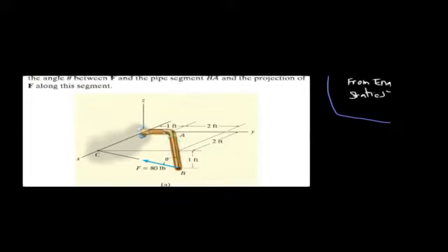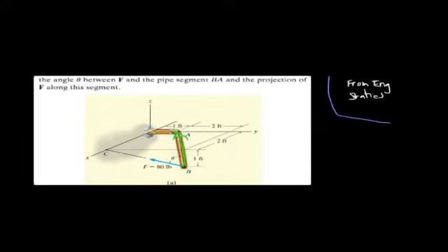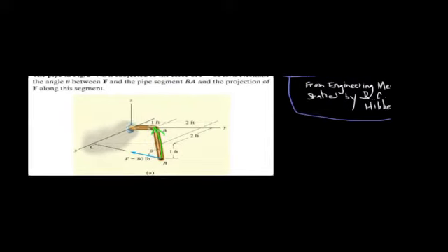That's segment BA. Now it's a vector. Now, what is the value of the vector? As you can see, there are some values here, and we could get the value of BA.